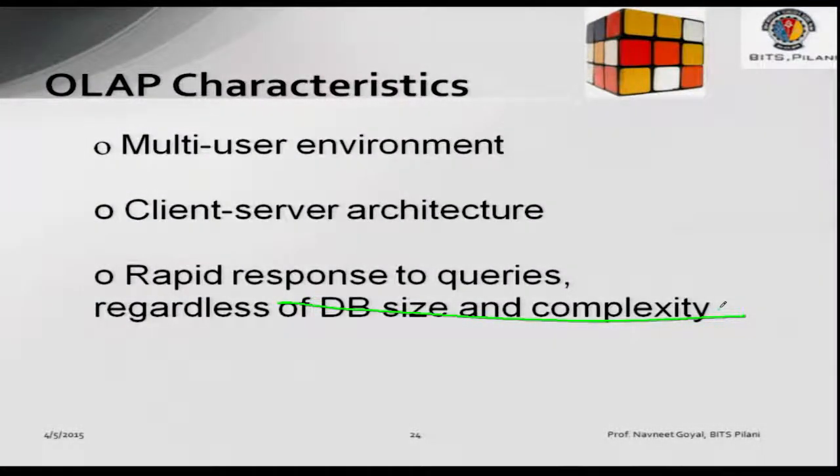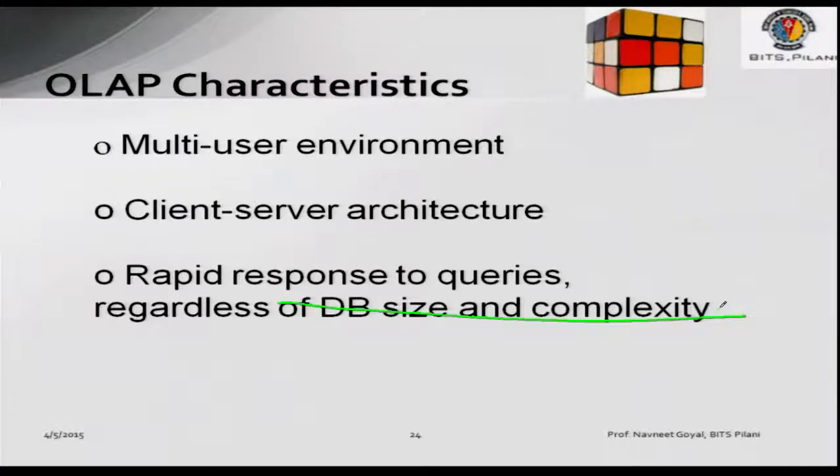OLAP tool characteristics include a multi-user environment, and it's a client-server architecture. Typically you have an OLAP server, and multiple users can access this OLAP server in the client-server model. You have client OLAP installed on the user desktops, and they can access a server.